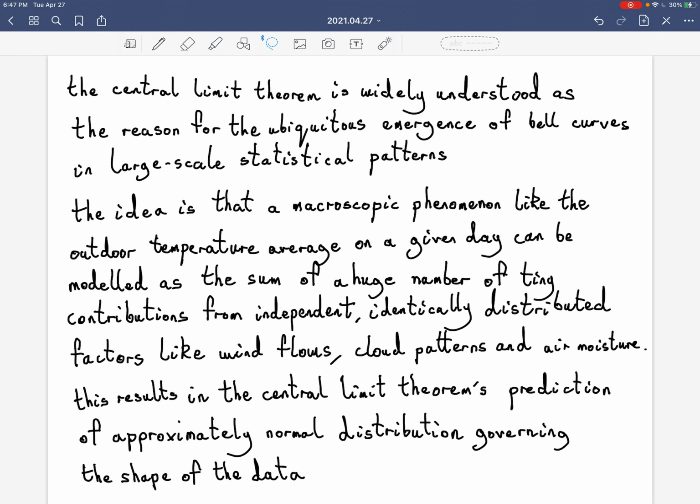And so we have the fundamental model of statistics where a macroscopic phenomenon is being produced by contributions from a huge number of independent factors, which are all being sampled by the same random law and which are not strongly correlated with each other.